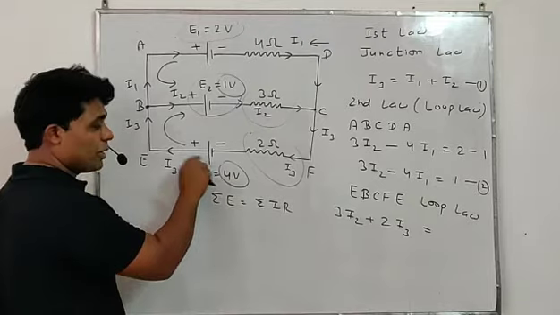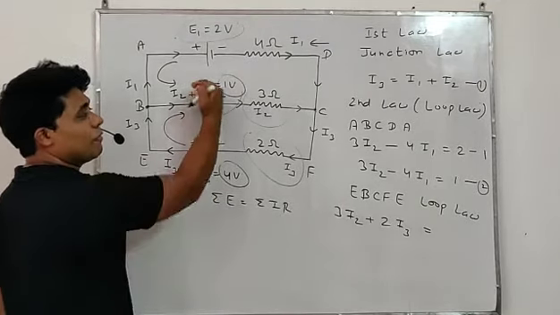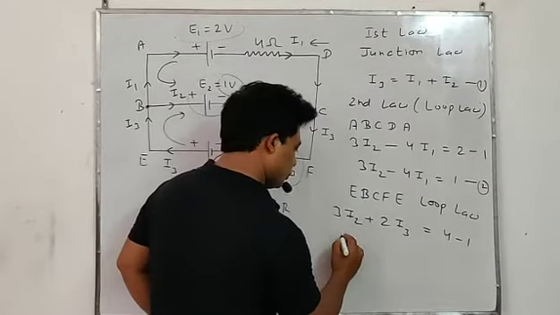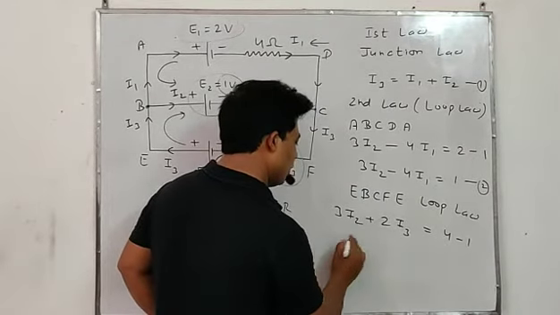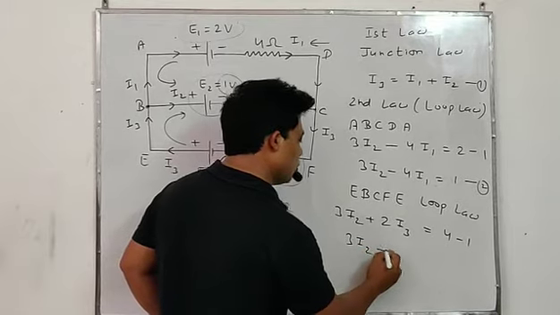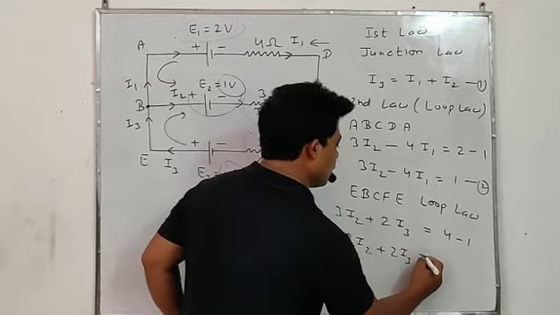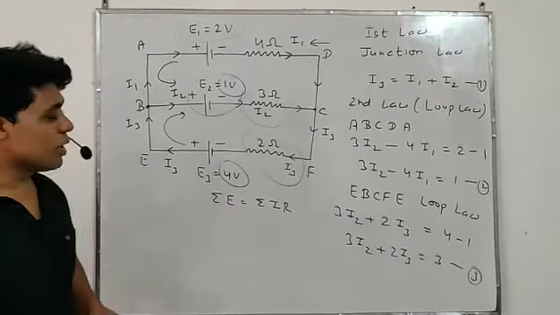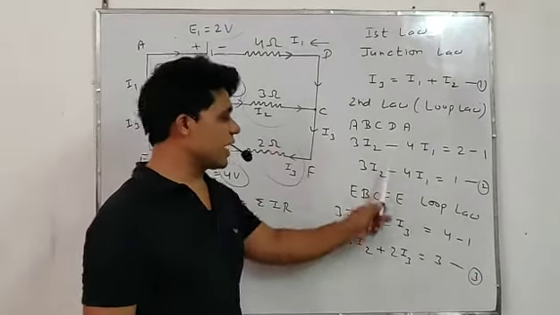We started from E3, that's why we'll write 4 minus 1. We'll take their difference, 4 minus 1. We'll have 3I2 plus 2I3 equals 3.